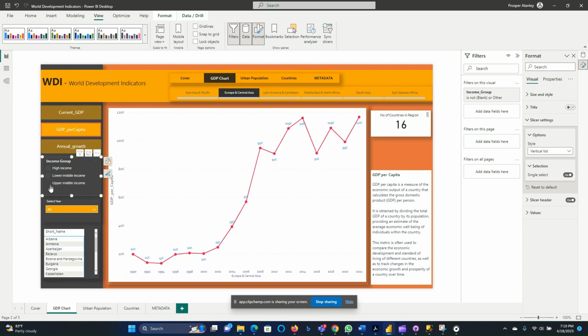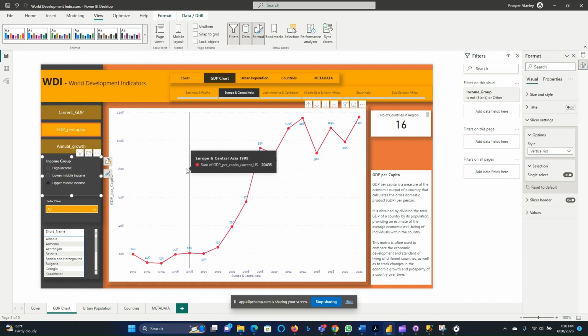Basically, this means most of the countries under this region are doing well and they are above the poverty line because we don't have the lower middle income group here. And we could see the economic growth for those countries basically doing well.